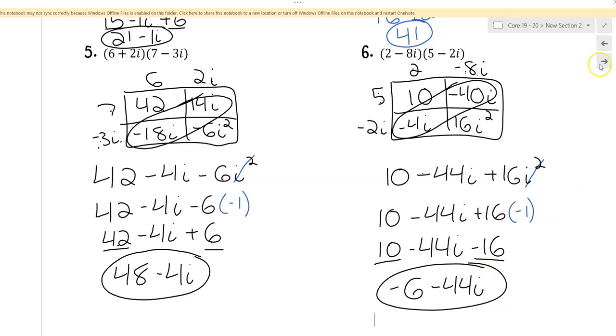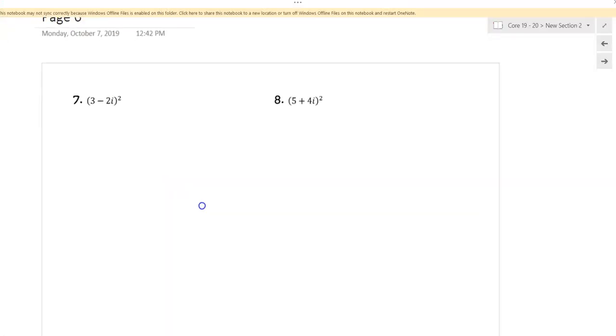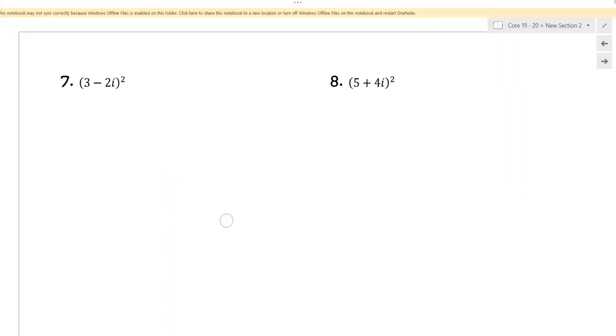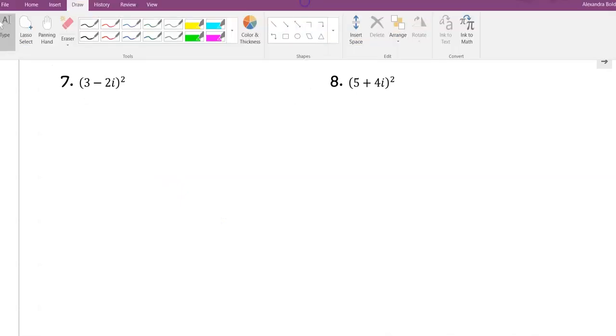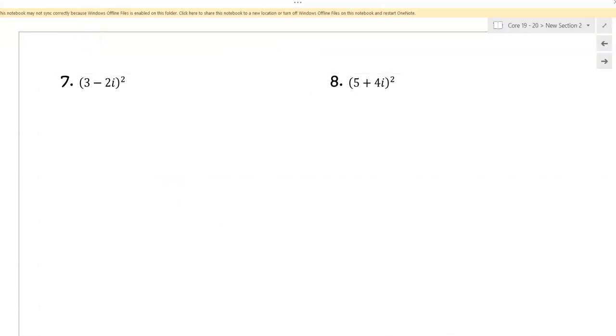All right, we just have 2 more problems on the next page with our powers. Again, we did look at these in KC2 as well. So we have 3 minus 2i squared. Remember, 3 minus 2i squared is the same as 3 minus 2i times 3 minus 2i.